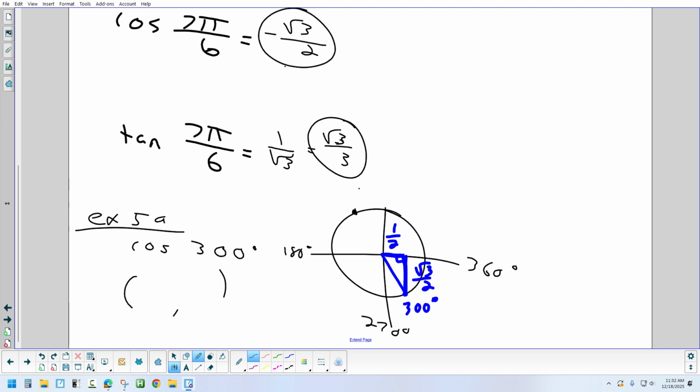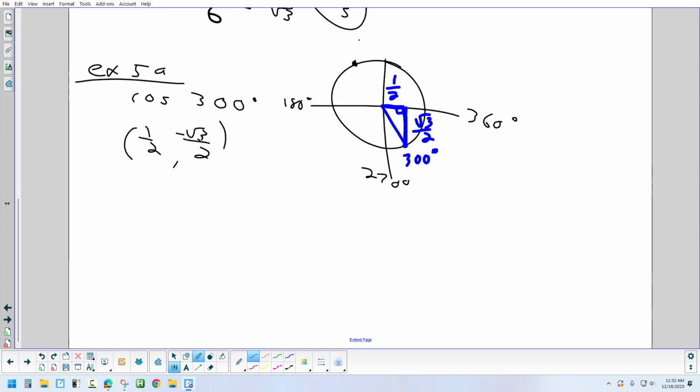It would be 1/2, negative square root of 3 over 2, because we got to go right and we got to go down to get to 300. So right means positive, down means negative. And now they want the cosine. So what would be the cosine of 300? 1/2.